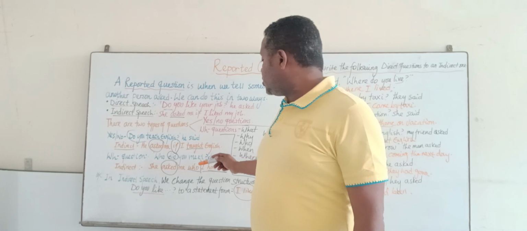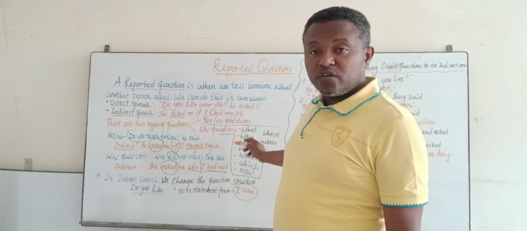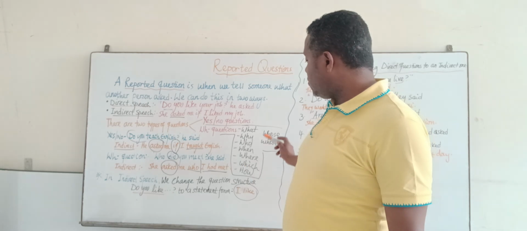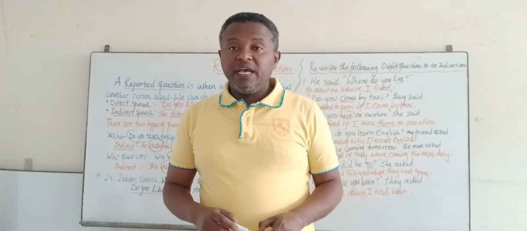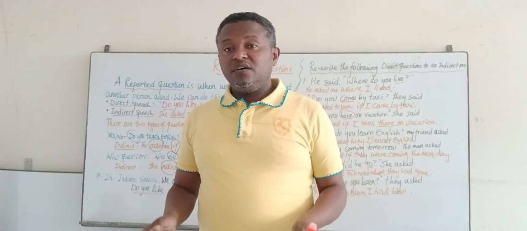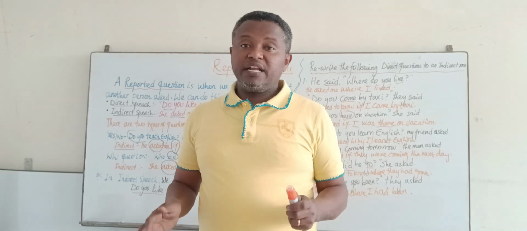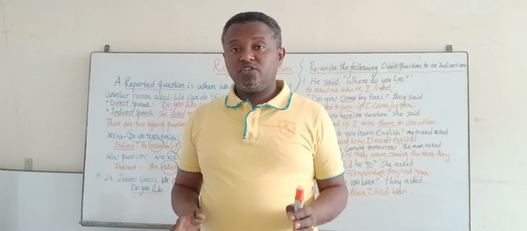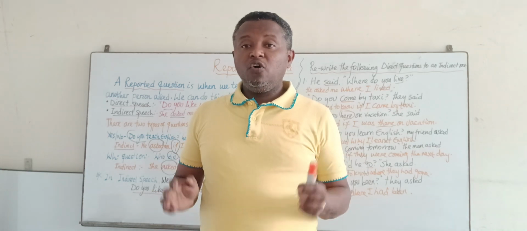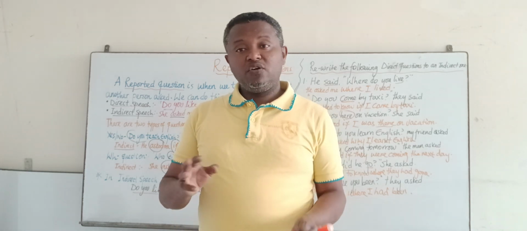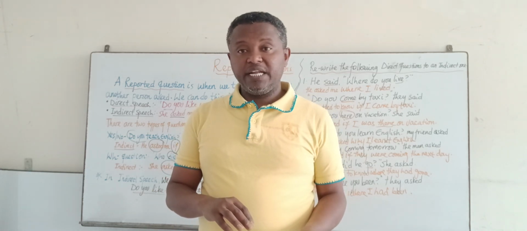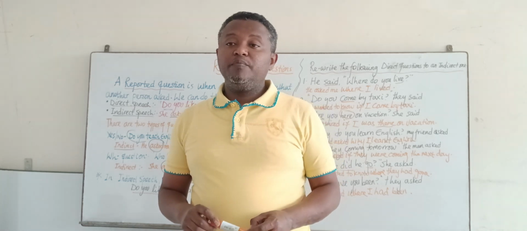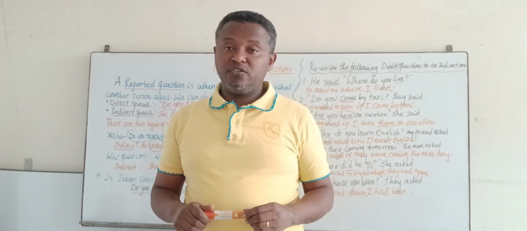The WH questions are those words that start with WH: what, why, who, when, where, which, how, whose, and whom. And the yes or no questions are called that because their answers are yes or no. So I want you to make sure that you practice them. All the necessary changes are made when we convert a direct speech question into an indirect speech question. So these are basic things that we need to know.